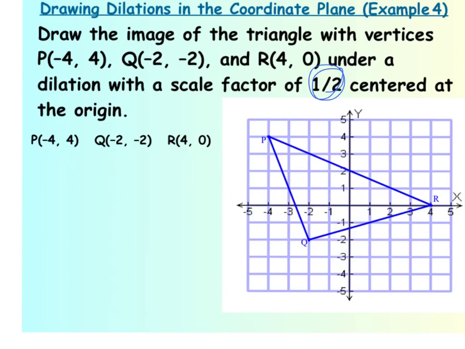We take our 1/2 and we change that to a decimal. Makes it a little easier for us. 1/2 is 0.5. And all we're going to do is take our 0.5 and multiply each of these guys over here by 0.5.